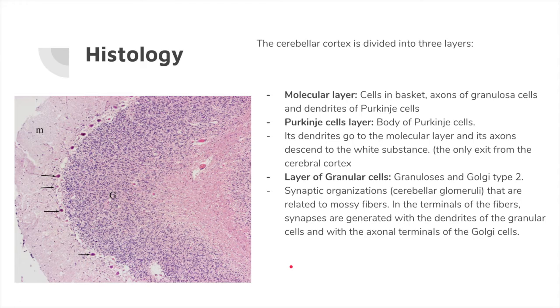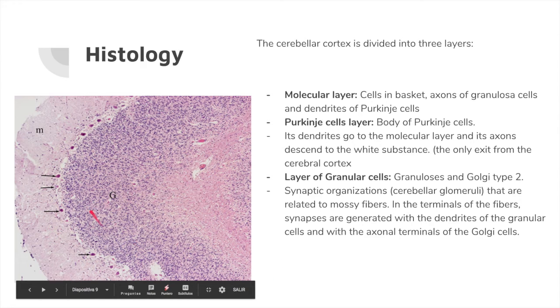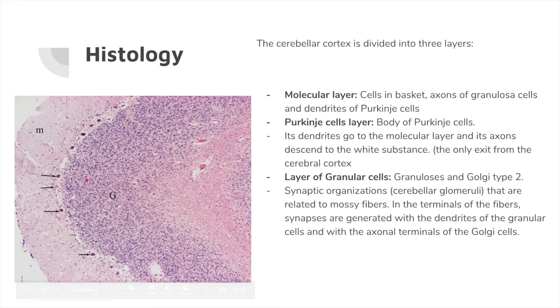Each layer has different types of neurons. As you can see in the image, every single purple or darkest point corresponds to a neuron itself. The purple color is the way the DNA is painted when you apply some coloration on it.